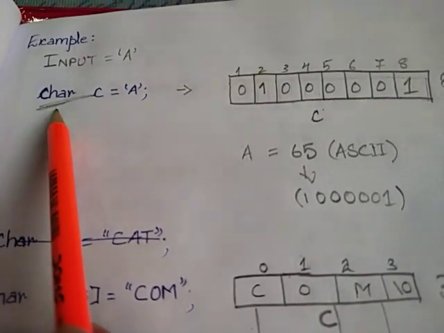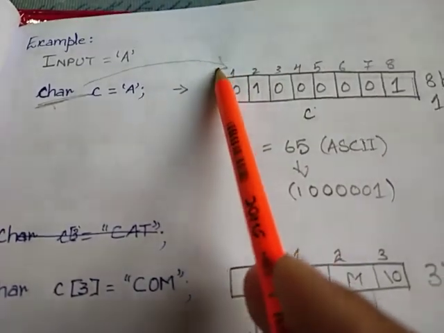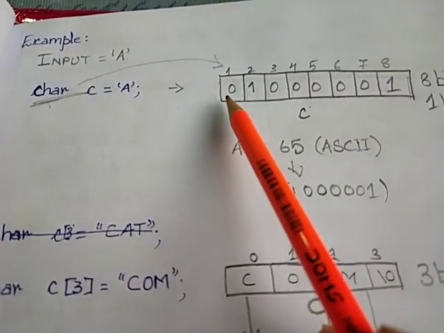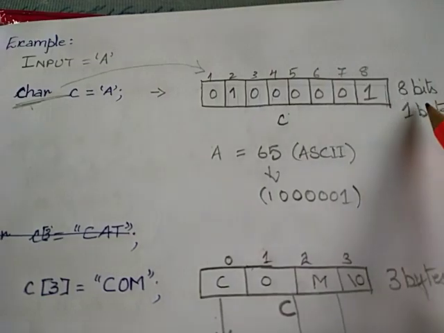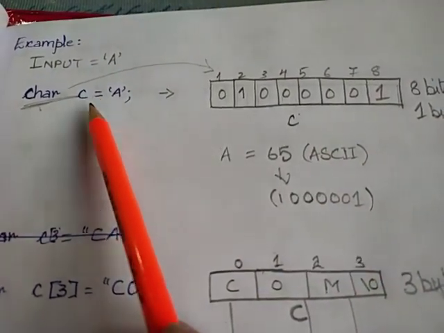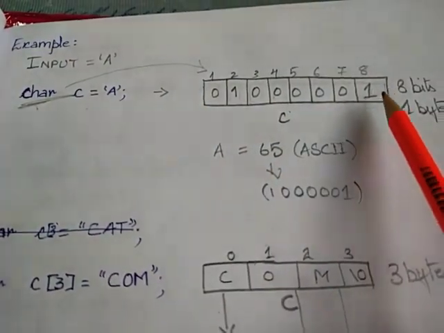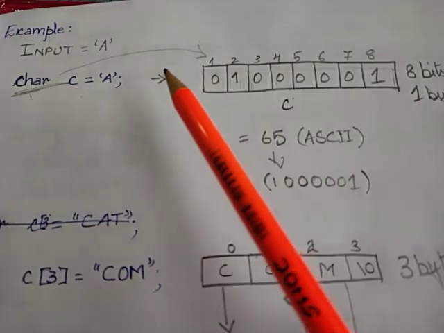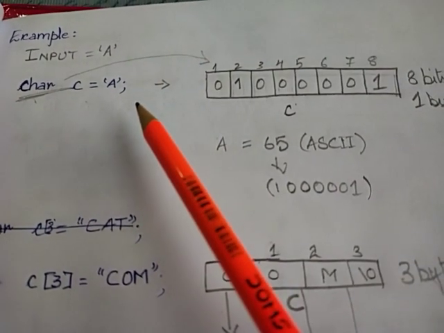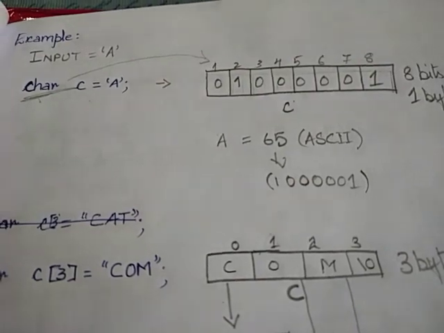And this keyword char, or the data type char, will reserve or allocate the memory with 8 bits or 1 byte. And this variable C is the name of this location or 1 byte location. Just like in the previous class, I mentioned to you that all characters need to be encoded with ASCII.